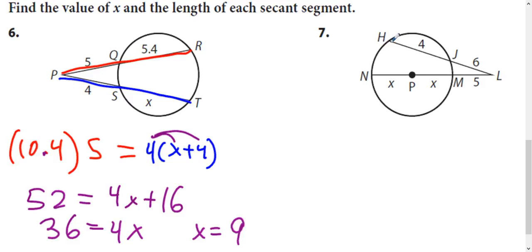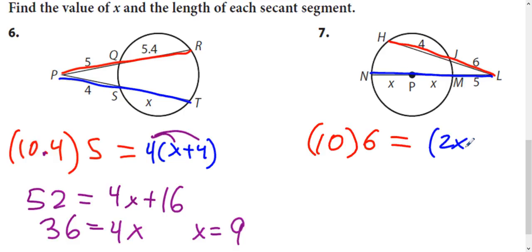Same idea for this one. You take the whole length, 4 plus 6 is 10, times the outside piece, which is 6, equals the whole length, x plus 5, times just the outside, which is 5.